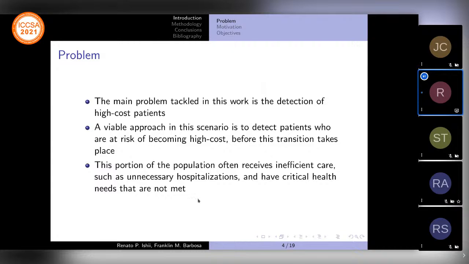Therefore, a valid, reliable, and implementable approach to accurately predict HA and HC patients is critically important for designing targeted interventions that can effectively lower healthcare spending. And a viable approach in this scenario is to detect patients who are at risk of becoming high cost before these transitions take place.